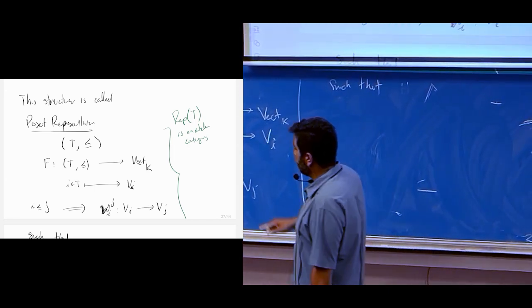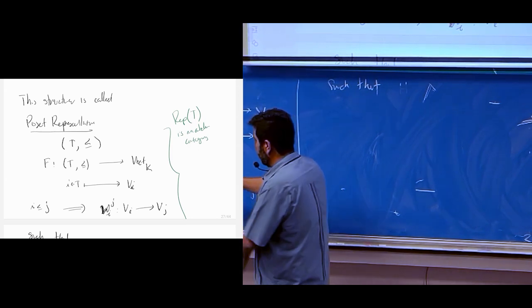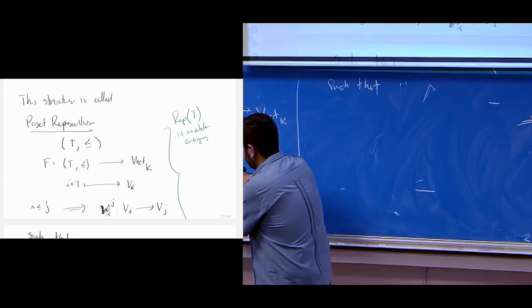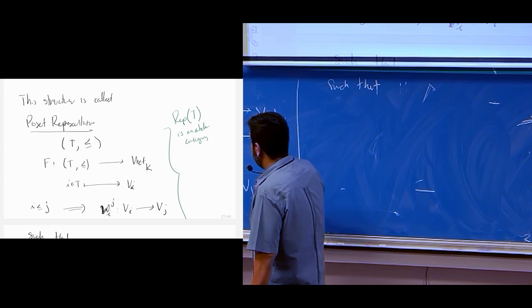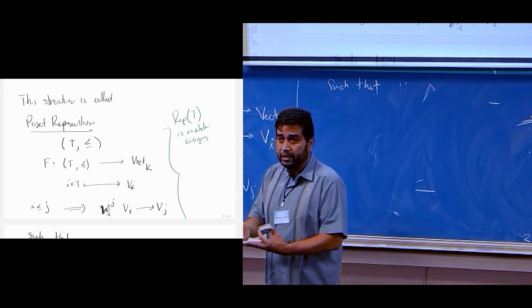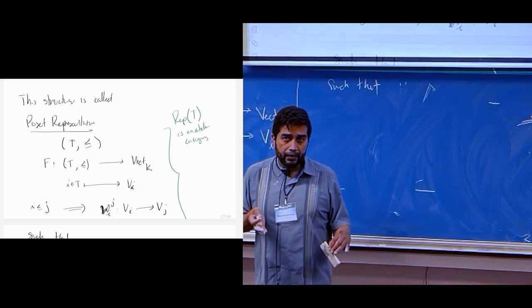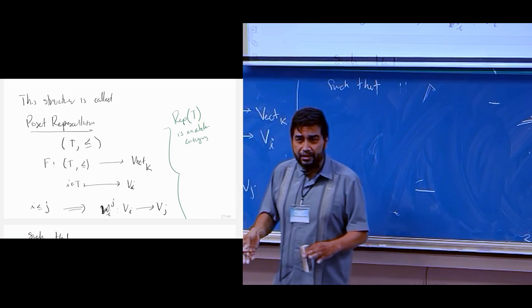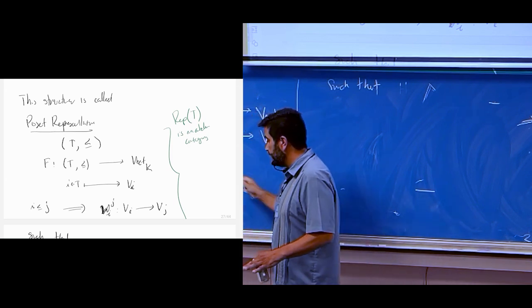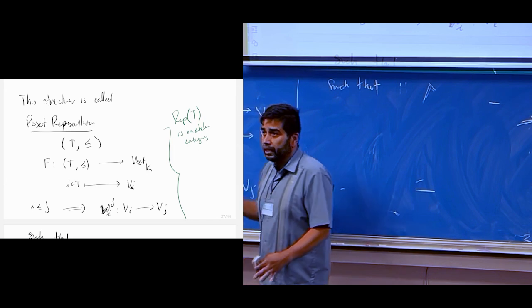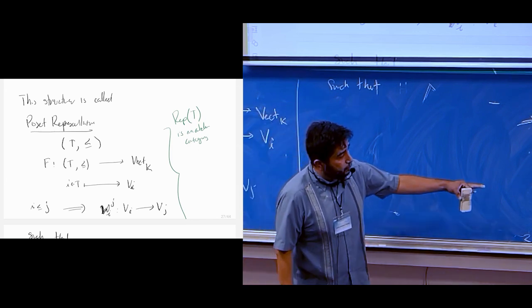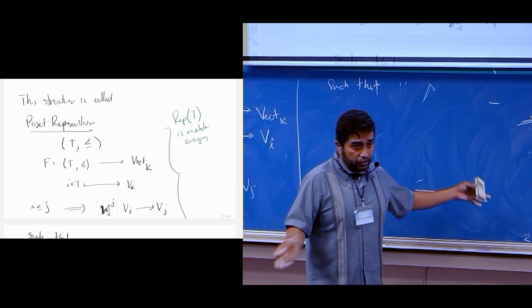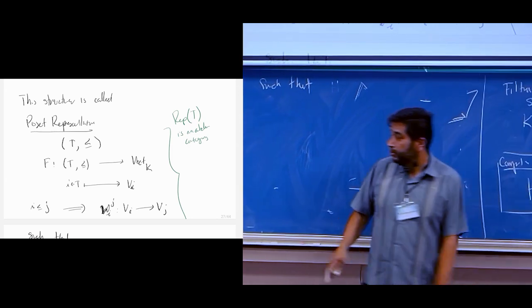So between every two points, one lower than the other, you have a function between vector spaces. This function is not necessarily injective or surjective or onto or anything like that. It's just a function, like one induced. In our case, it is one of the functions induced by the inclusion, but not necessarily an inclusion.